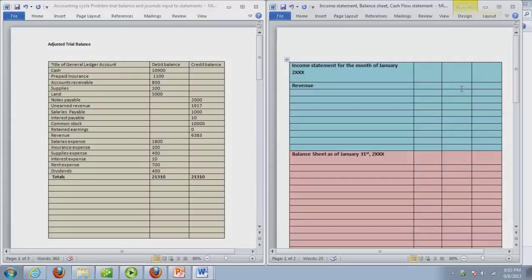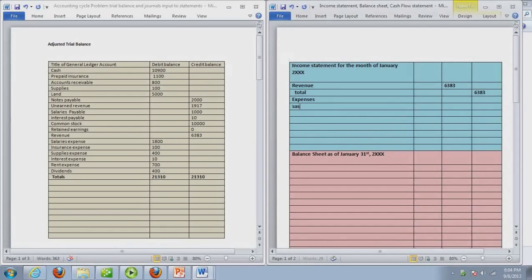So I'm going to put the totals to the right in the far column. Revenues, as we can see, is 6383, so I'm going to list those. Normally we'd have more than one category, but to keep the problem short, I just listed that. So we're just going to pretend we have other things to add, and we'll do a total. Then we can do a heading for expenses, and we can list the individual expenses.